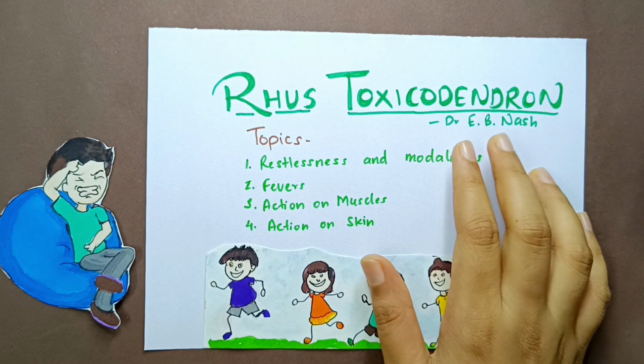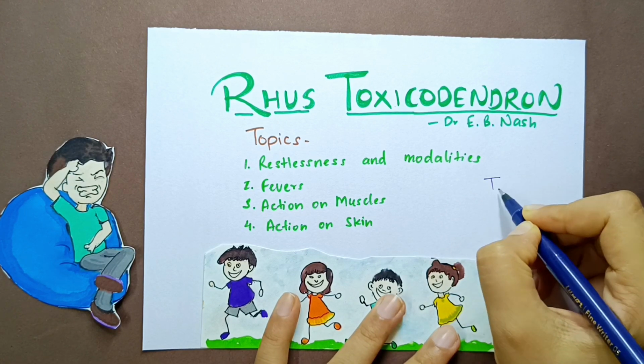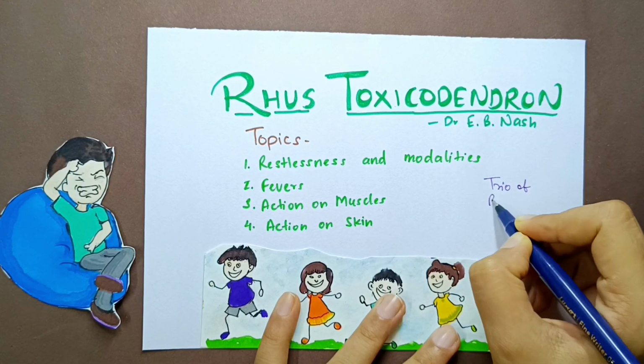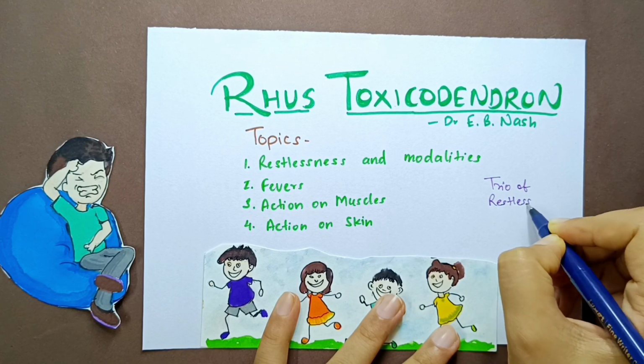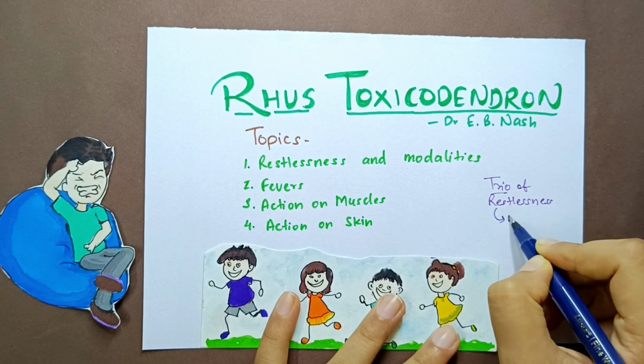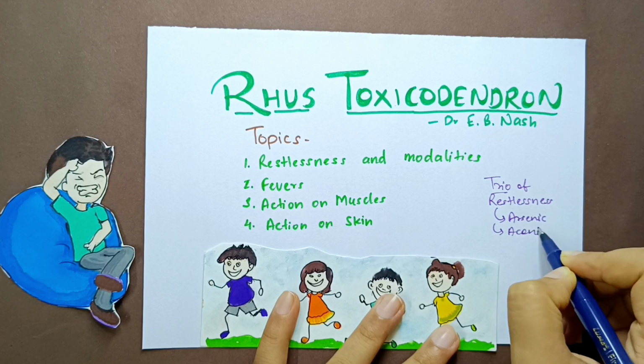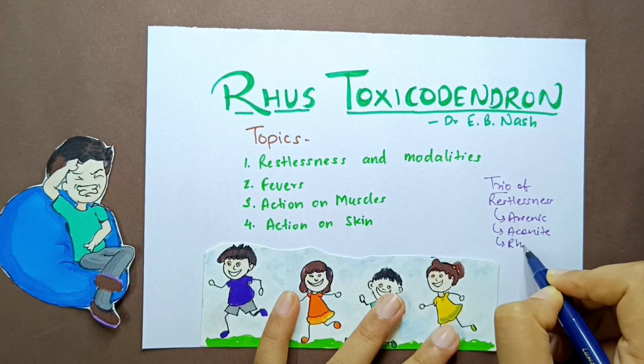Today we're going to talk about this beautiful remedy, Rhus Tox, from Dr. Nash's Materia Medica. We've been doing this series for a while now, wherein we discuss remedies from the Materia Medica of Dr. Nash, which is called Leaders in Homeopathic Therapeutics. So we've been looking at many remedies from his Materia Medica, and presently we have been doing the trio of restlessness, which constitutes three remedies: arsenic, aconite, and Rhus Tox.